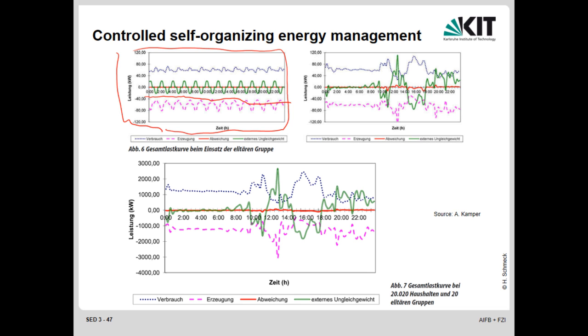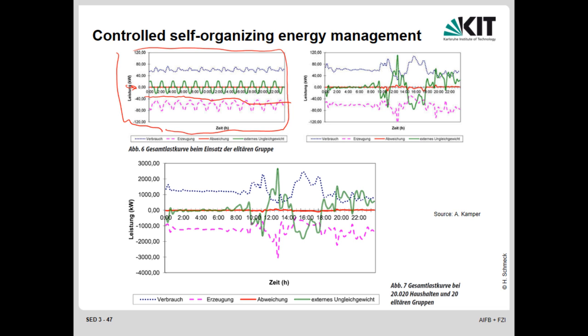The question is whether your pool of devices can compensate that. And the red line here, around 0, it is almost exactly 0, shows the resulting power balance in that schedule, and it shows that there is no deviation in the end. So this imbalance, which is indicated in green here, can be completely compensated by the pool that was used in this simulation.